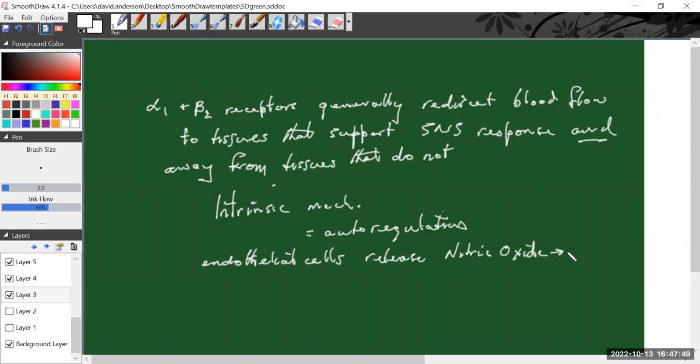Nitric oxide is a local chemical messenger that promotes vasodilation. So if there was decreased flow in a vessel, the endothelial cells can release nitric oxide, promote vasodilation, which will increase the flow to those tissues.